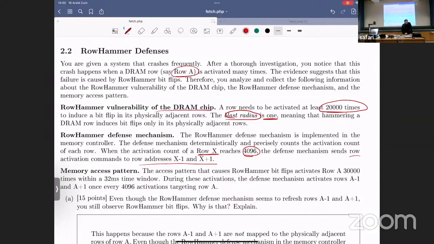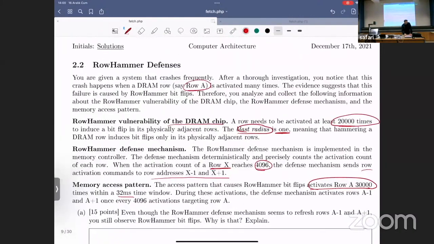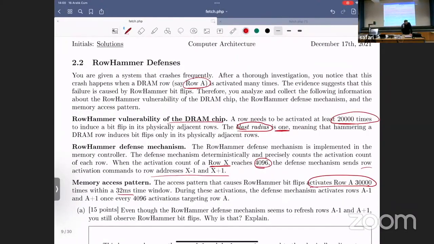When we look at the memory access pattern, this pattern activates row A 30,000 times. So this is definitely larger than 20,000 times, right? In a 32 millisecond time window. From the specification, in 32 milliseconds the victim rows are not refreshed.